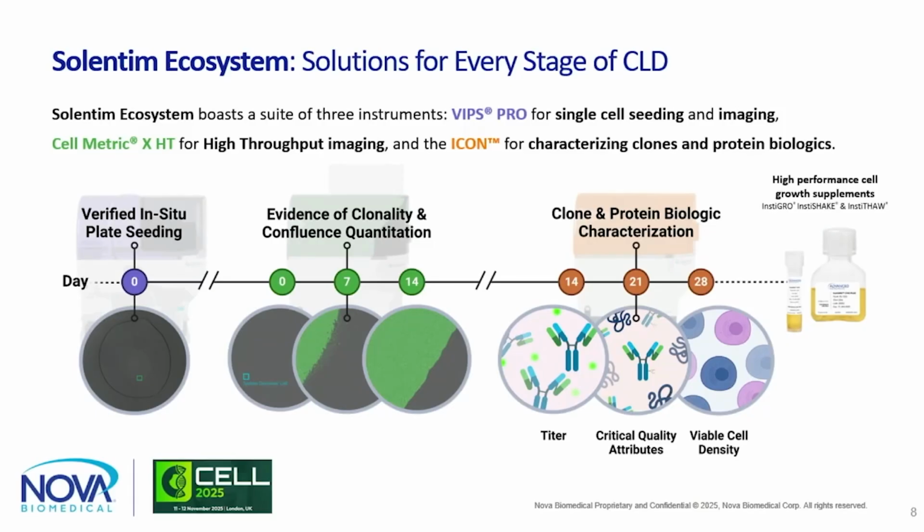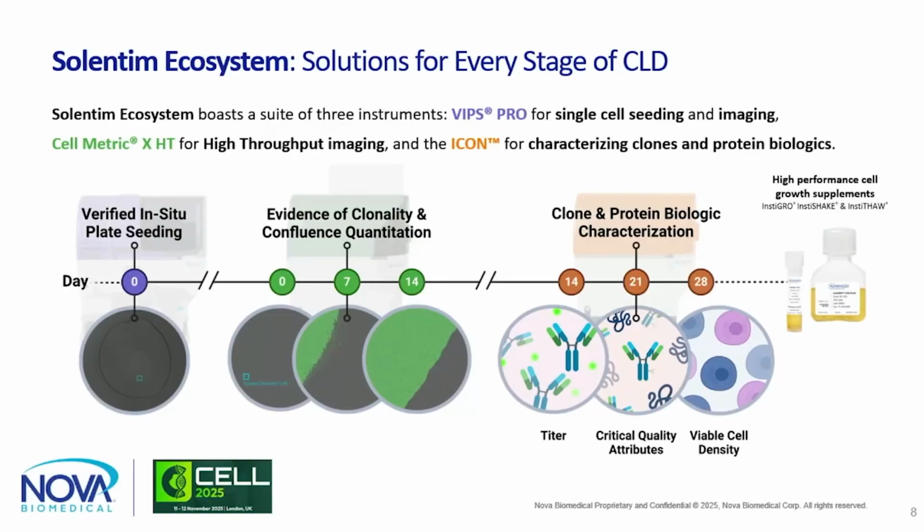For those of you that are new to Solentim, the Solentim ecosystem includes a suite of three different instruments. Firstly, we have the VIPS Pro, which stands for Verified In Situ Plate Seeding. This is for your single cell dispensing, and it has imaging capabilities as well.